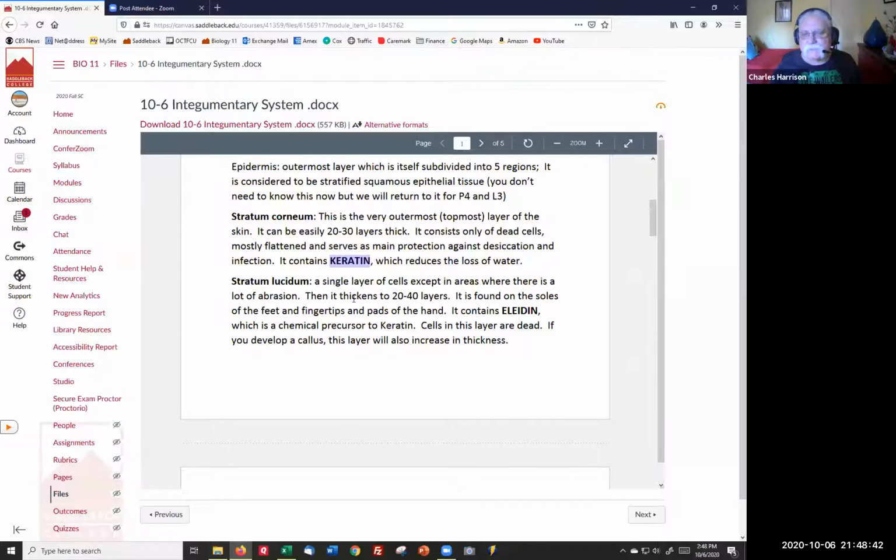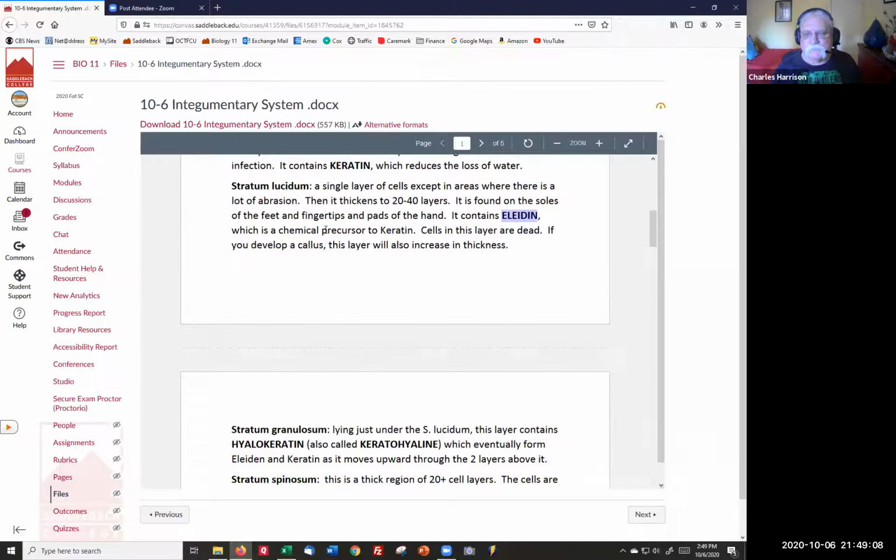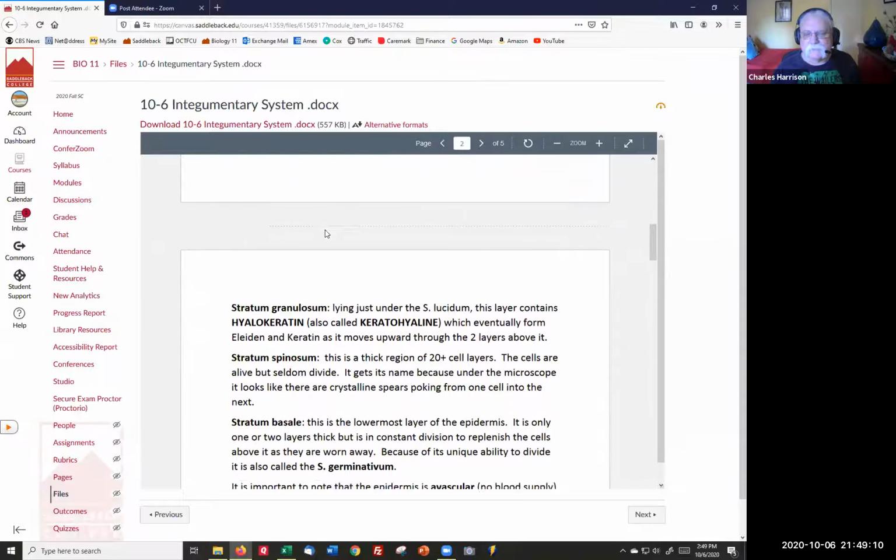The second layer, the stratum lucidum, has eleidin. Eleidin is going to become keratin. All the cells deeper in your skin are pushing their way up to the surface. They'll go through these stages until they come out and they are stratum corneum. Hang in there until we get to the picture.